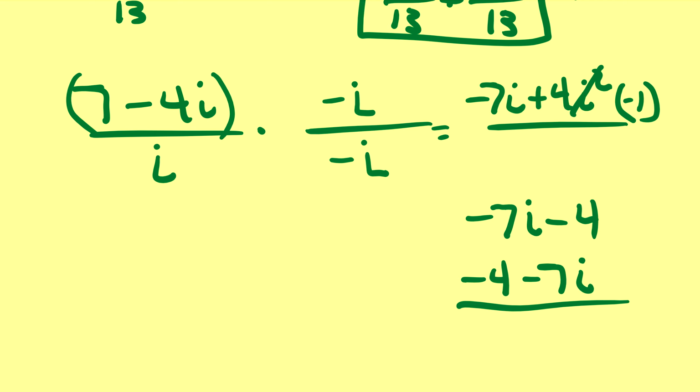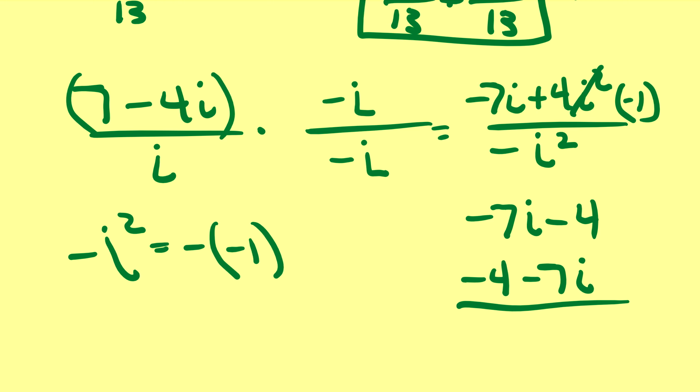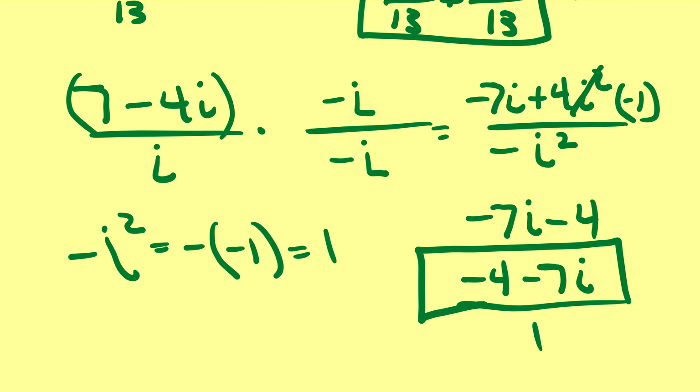Okay, and then what's my denominator going to be? Well, I got i times negative i, which is negative i squared. But i squared is negative 1, so negative i squared is negative negative 1, which equals positive 1. So this is all over 1. And I don't need the 1 then, since it's in the denominator. And so I'll just say my answer is going to be this guy in the box up top, the numerator only.